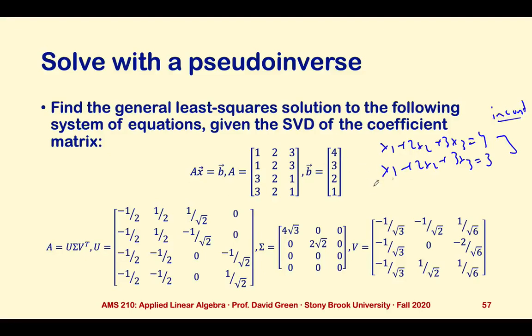The third line gives us 3x1 plus 2x2 plus x3 equals 2, and 3x1 plus 2x2 plus x3 equals 1. Another inconsistency. We actually have two inconsistencies in this system. Our matrix is rank 2.